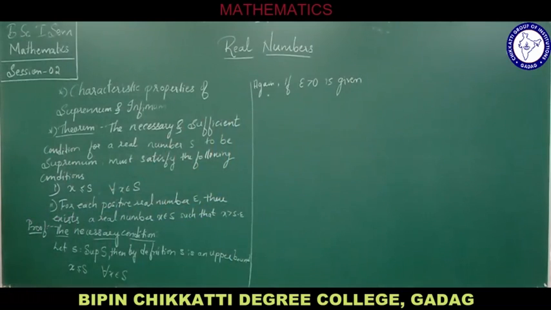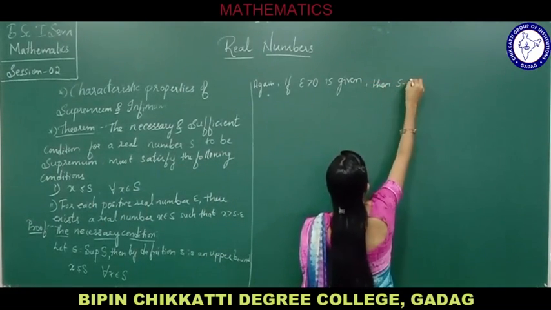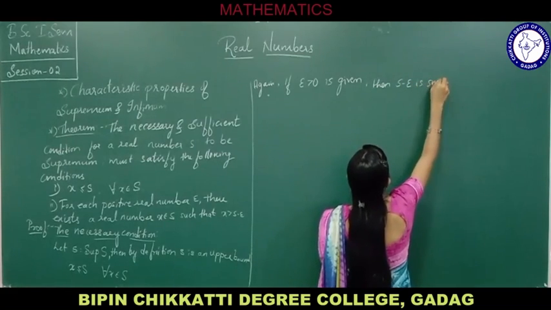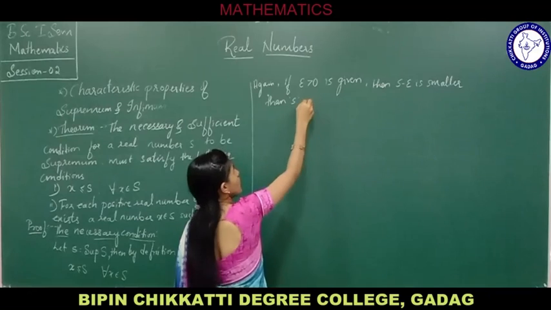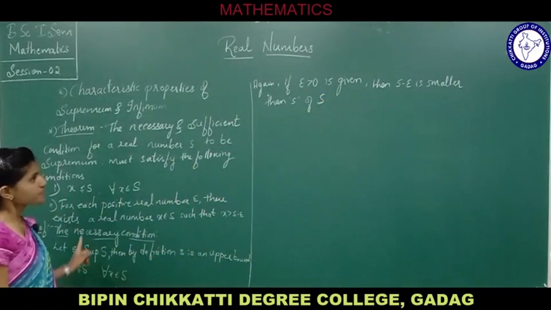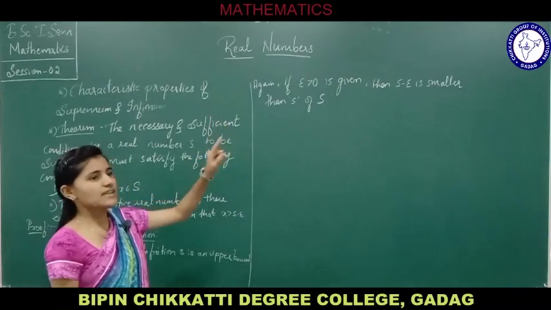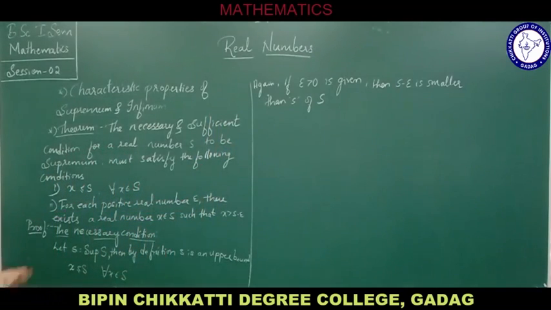Epsilon is positive, that is, greater than 0, so S minus epsilon is smaller than the supremum S. Then S minus epsilon is smaller than S of the set S. We have considered S as the upper bound, so for epsilon greater than 0, S minus epsilon is obviously smaller than S, right? So, if it is smaller than S, S minus epsilon cannot be an upper bound of S.